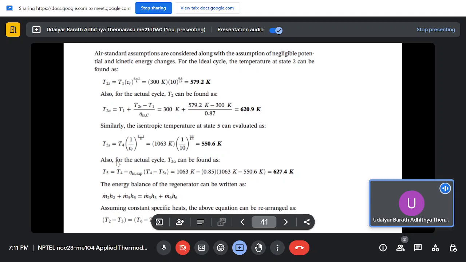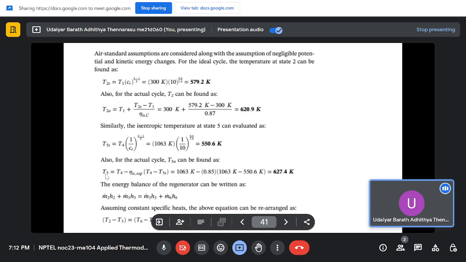Next is to find the actual cycle temperature, because the isentropic efficiency of the turbine is 85%. We can express T5 as T4 minus the efficiency of the turbine into (T4 minus T5s). It's basically the actual by isentropic work. In terms of enthalpy, you can remove Cp, so you get the efficiency in terms of temperature.